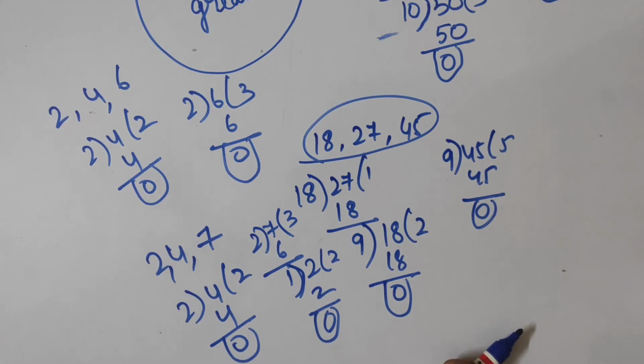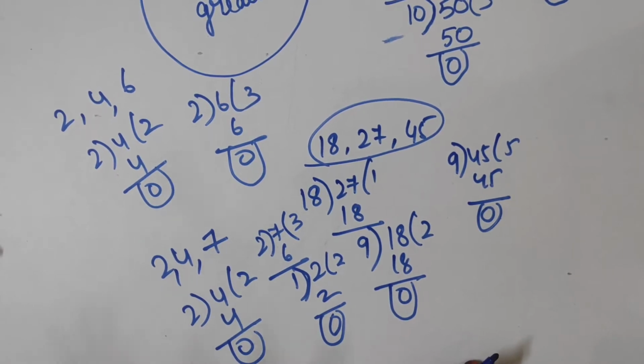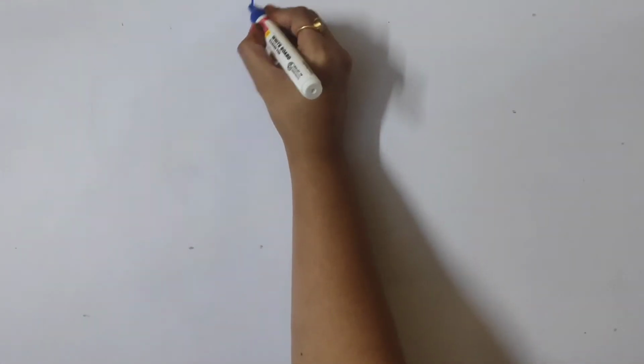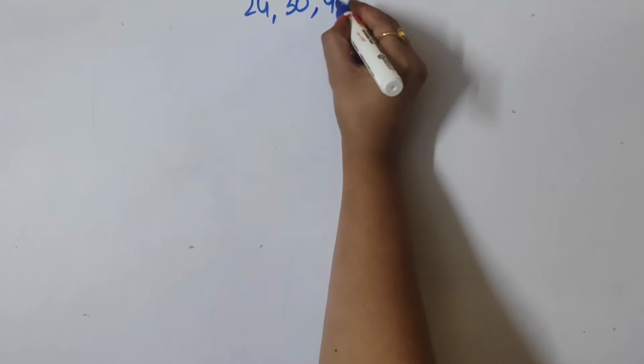Now let's see the different ways in which we can solve HCF. Here we go. I'm going to take 24, 30 and 45 as my example. I'm going to show the first method, which is factorization.